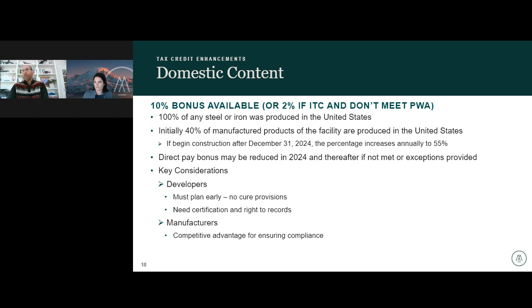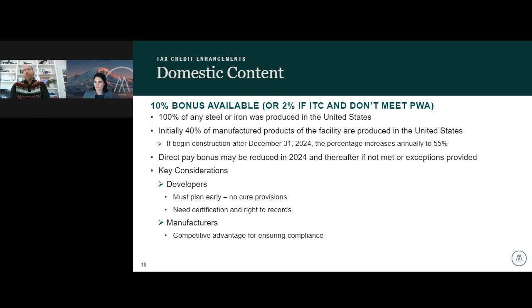You basically ask the IRS to waive that requirement for you, but in order to get it, you need to demonstrate that for some reason you cannot meet domestic content. Maybe it's just not available. I think there is a provision related to the economics as well, that the economics are such that you really just can't meet the domestic content requirements.